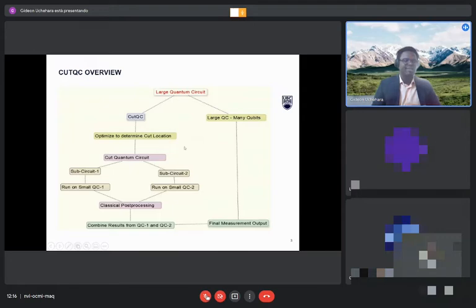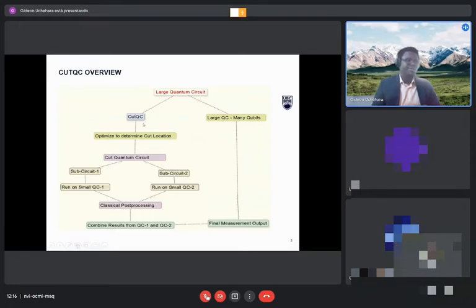And like I said, in today's quantum computers, we don't have such a large quantum computer. Assuming we don't have that kind of quantum computer to solve your problem, then this is a method that you can consider, which is the cut QC method or the circuit cutting method.